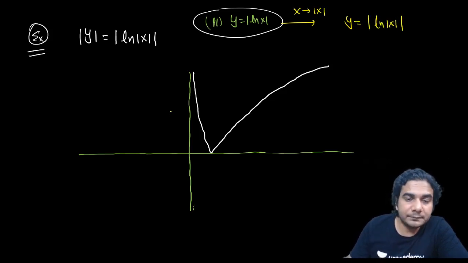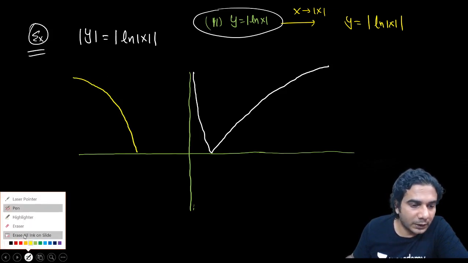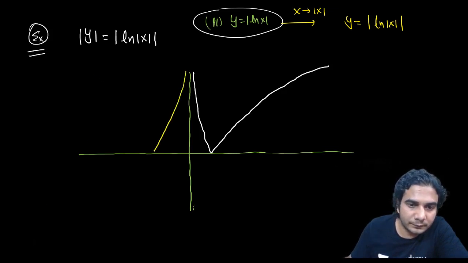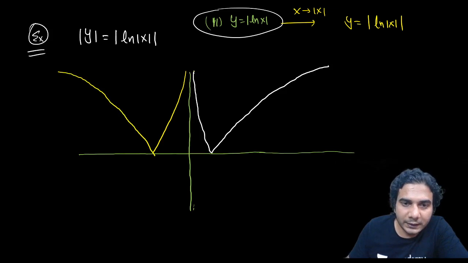All right, so what will happen? The image of this graph about the y-axis will come like this, and this portion will remain the same.